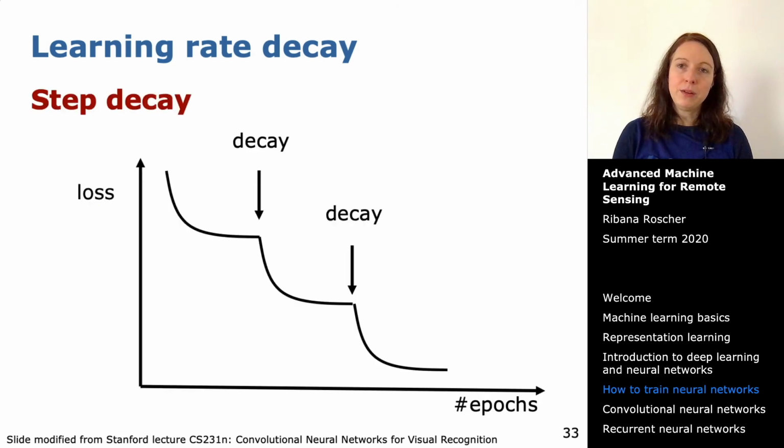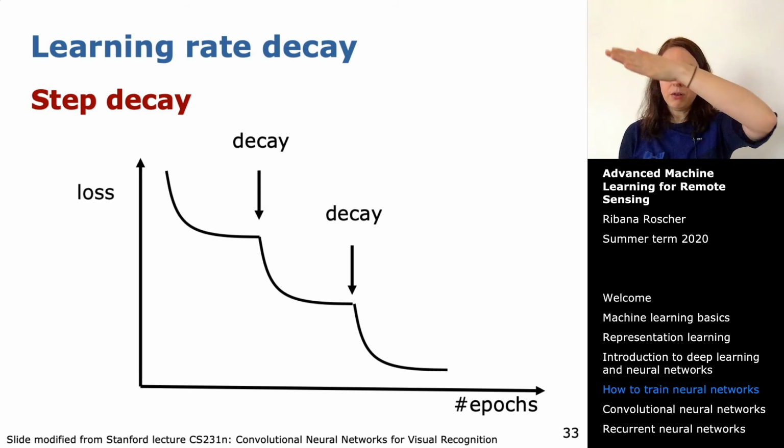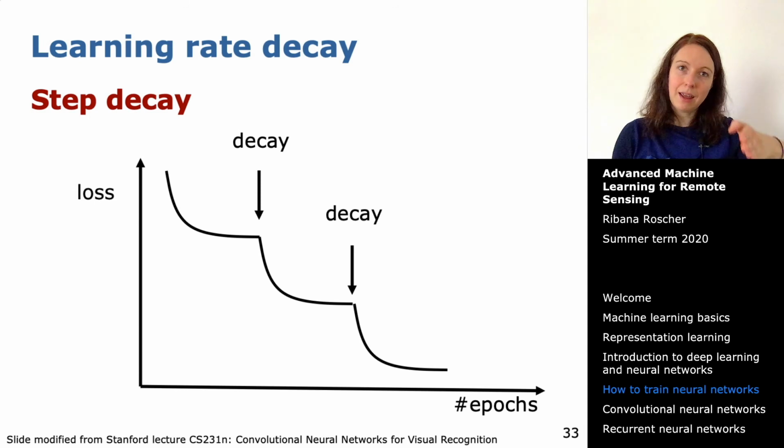When you look at papers sometimes, and they plot the learning curves, you mostly see such effects: you have a learning curve and then it converges a bit, and then you have such a step, and you make some more progress, it converges again, and then you have such a step again. This is a sign for an applied decay.